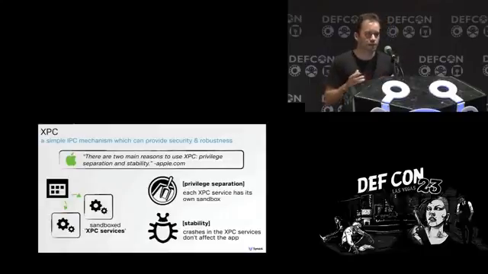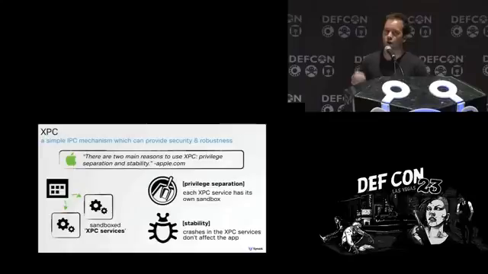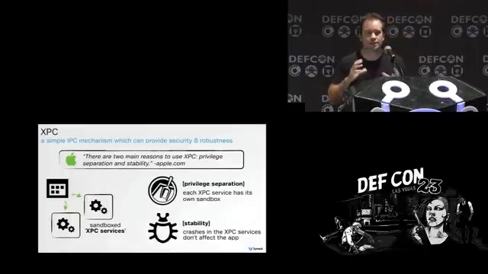This allows a lot more fine-grained control because each process can have its own unique sandbox, which gives really fine-level control over what access it can have. In terms of stability or fault tolerance, since each XPC component is a separate process, if that process crashes or has a bug, that won't necessarily impact the main application or the other XPC components. The operating system could just restart that component automatically.